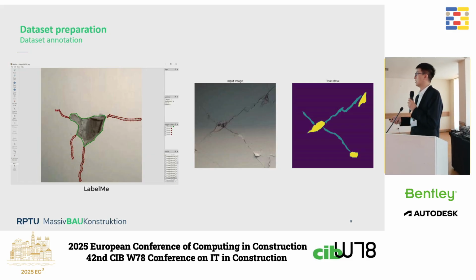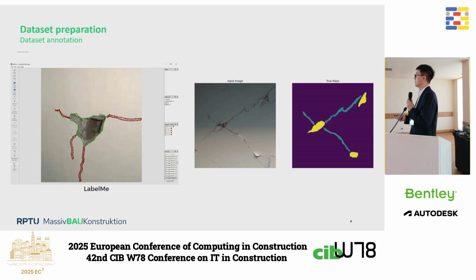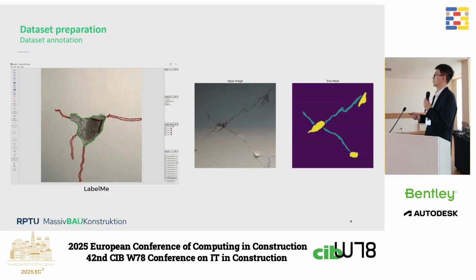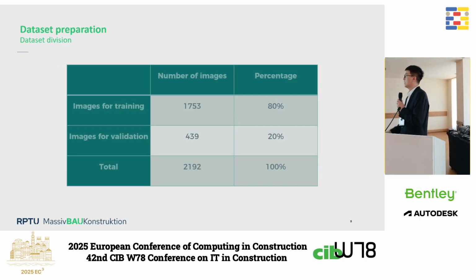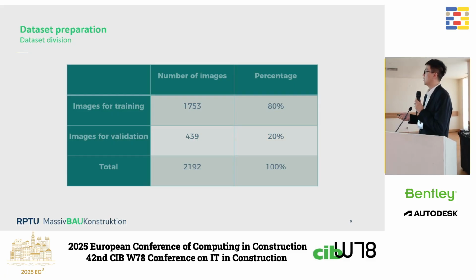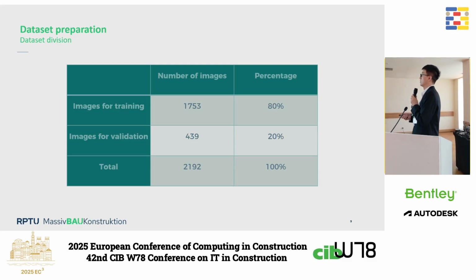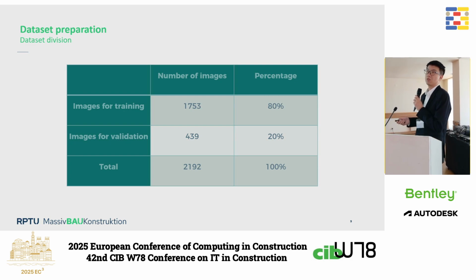We can easily use it to annotate our images for the training data set. This input image has its true mask. We have about 2,000 images in total, and we have divided them into two data sets, about 80% for training and 20% for validation.